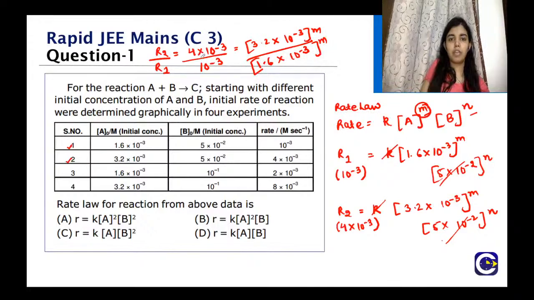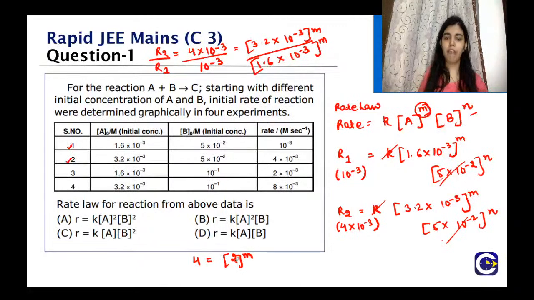So dividing the two, we get 4 equals 3.2 divided by 1.6, that is 2 raised to the power m. And we know that 2 raised to the power 2 is equal to 4. So the value of m we are getting here is 2. That means the order of the reaction with respect to A is 2.